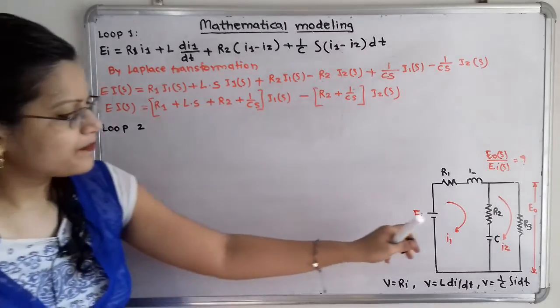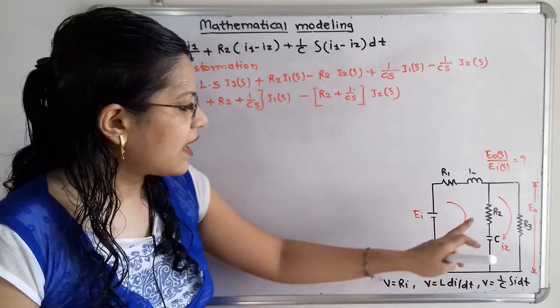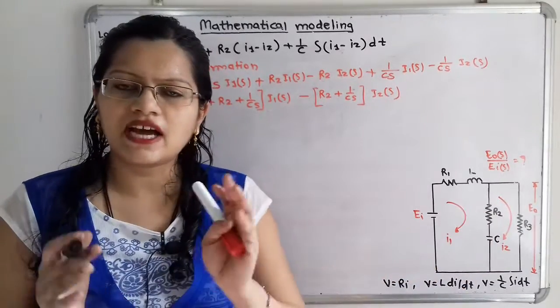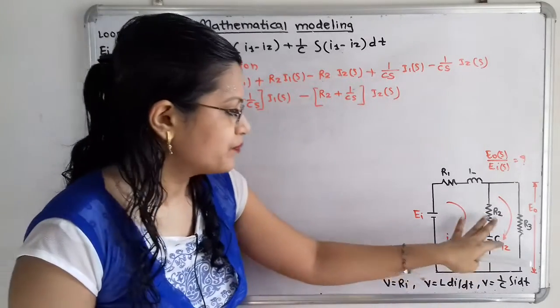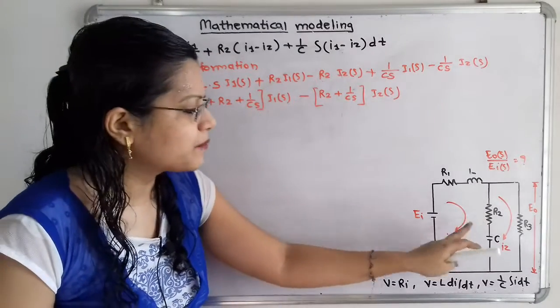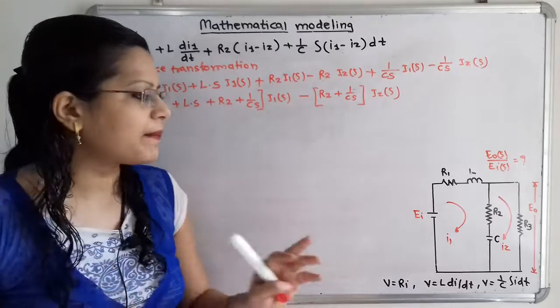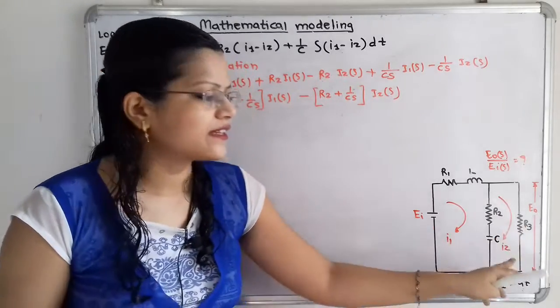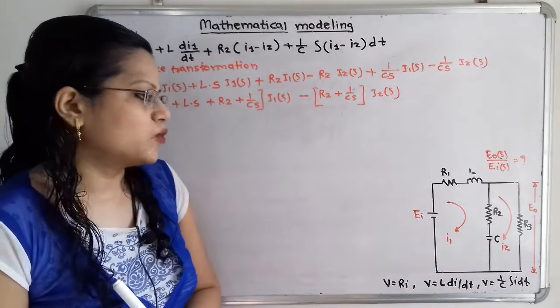For loop 2, how many elements are there? R2, C and R3. These are related to loop 2. Now R2 and C are combined elements. R2 and C are part of loop 1 and loop 2, and R3 is only part of loop 2.